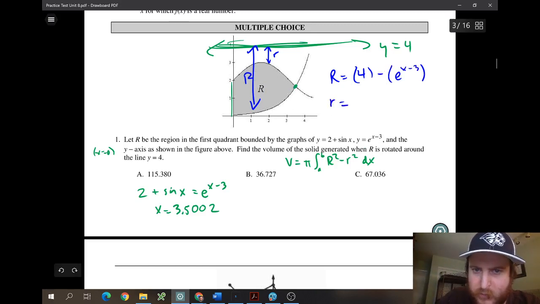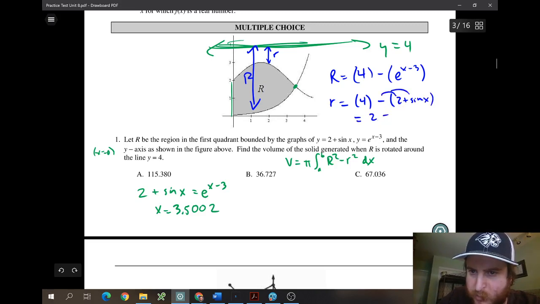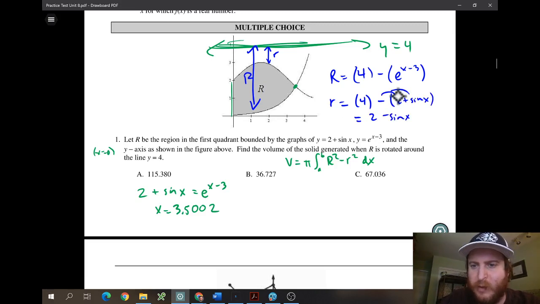Then for little r, we're going to have the top is 4 minus parentheses 2 plus sine x. You can either leave it like that, or you can do 4 minus 2 is 2. Make sure you distribute minus sine x, okay? So if you're worried about you might forget the minus, then I would just leave it like that.